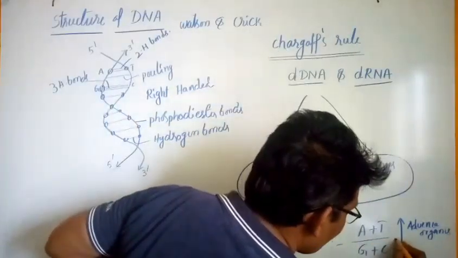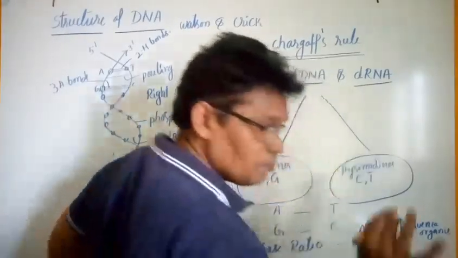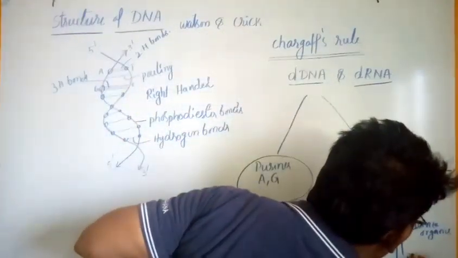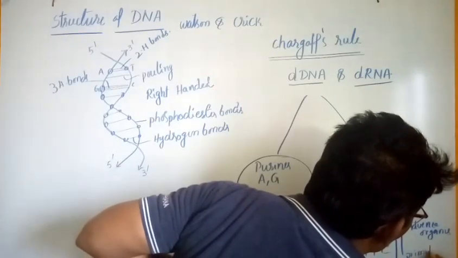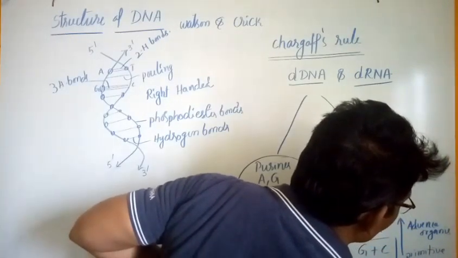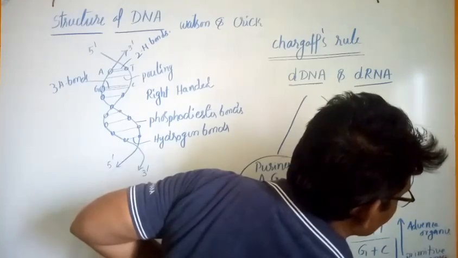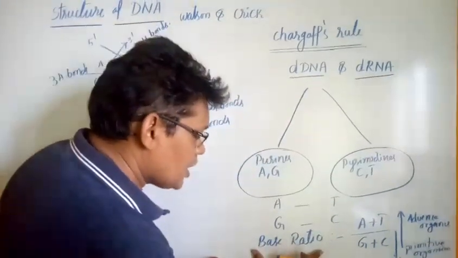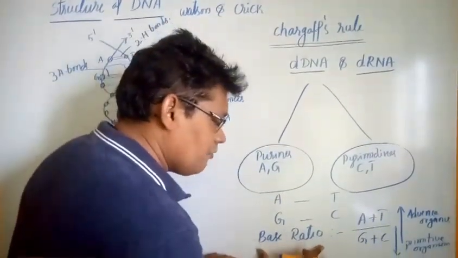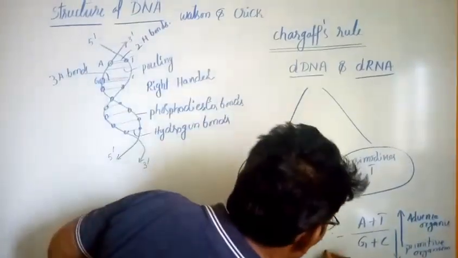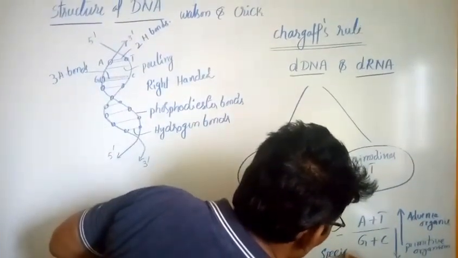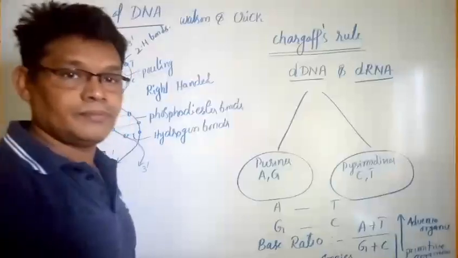The base ratio decreases in primitive organisms. Generally, the base ratio helps in the identification of species. Okay.